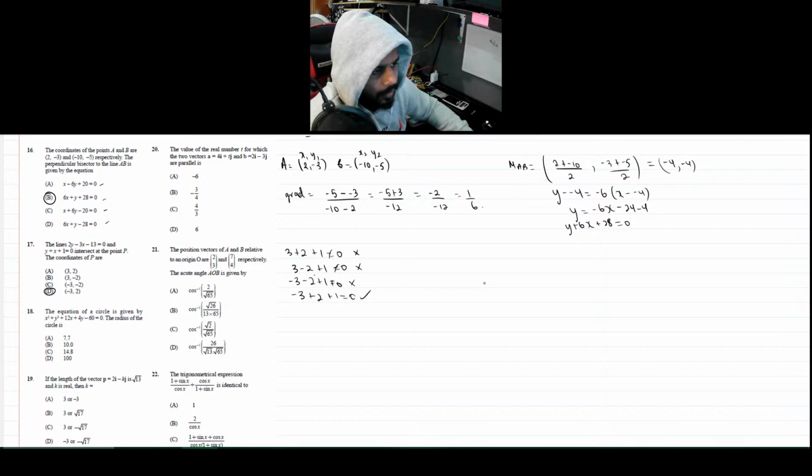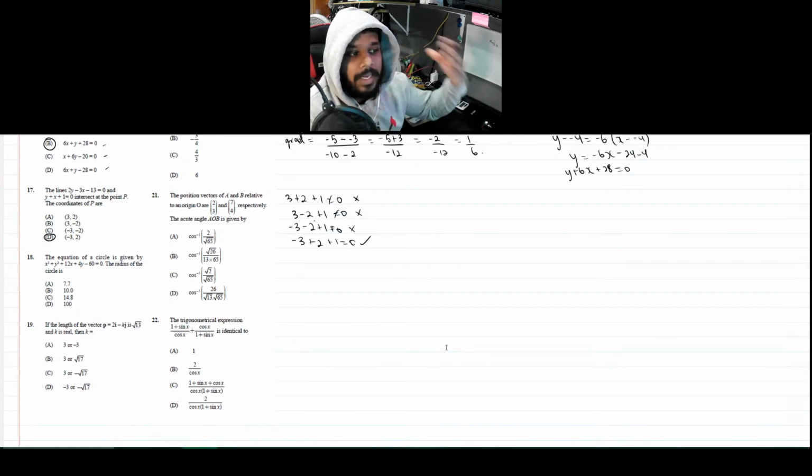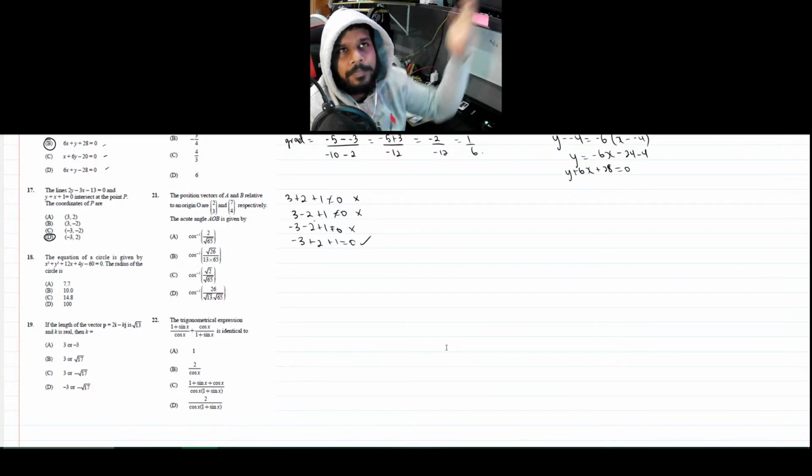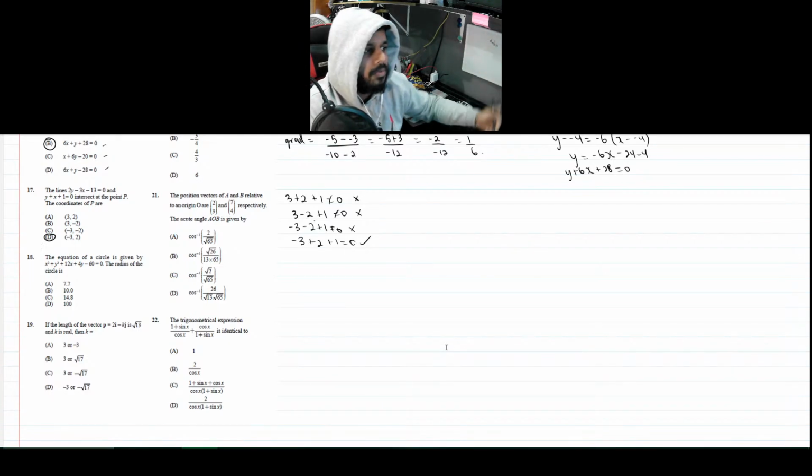Alright, so the equation of a circle is given by this. The radius of the circle is, okay, cool. Now this one here is a little different to the form that I use, so I will bring this into the form that I am accustomed to using, which is x squared minus 2fx plus y squared minus 2gy plus c is equal to 0.